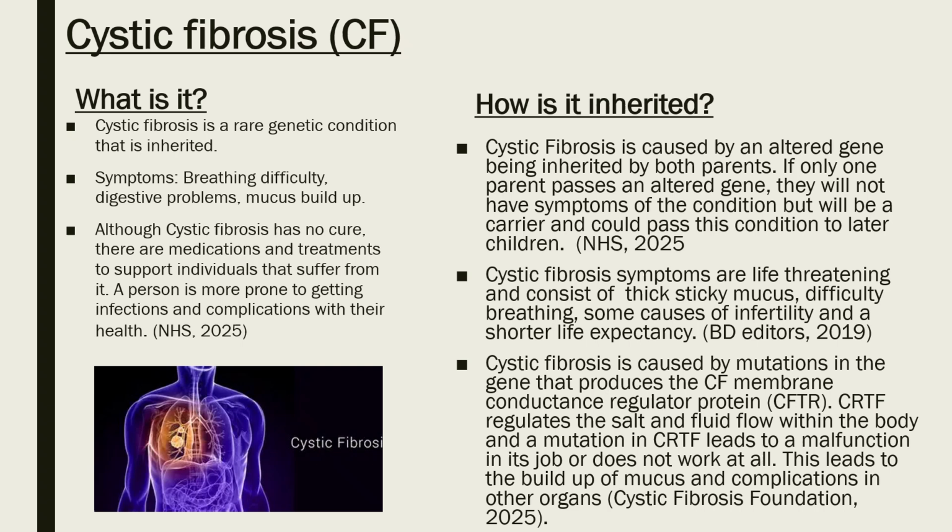A person that has one mutated gene and one normal gene can be a carrier, and this can be inherited. A mutation in the CFTR protein leads to a malfunction in its job or does not work at all, leading to buildup of mucus and complications in other organs. This is because salt and fluid flow within the body isn't regulated.